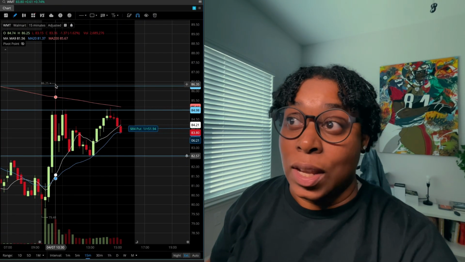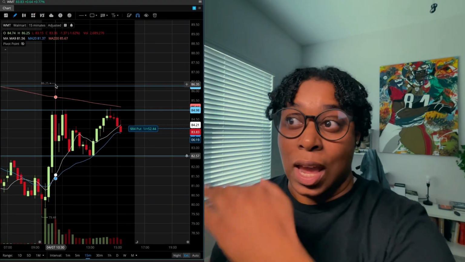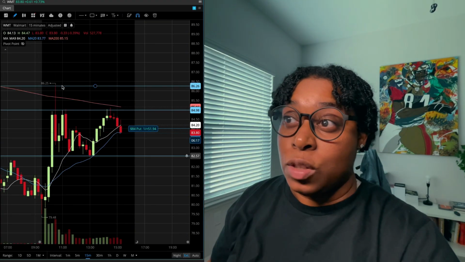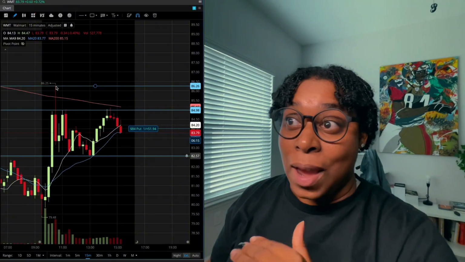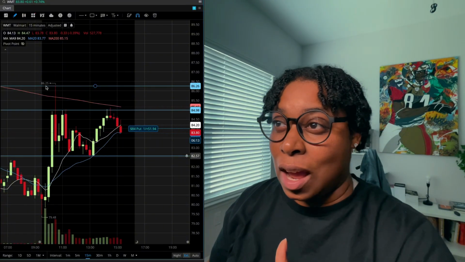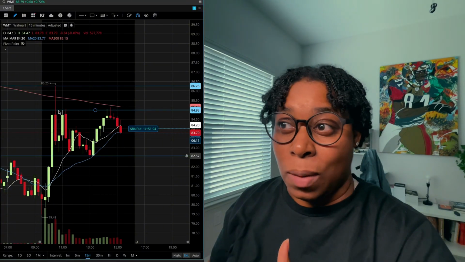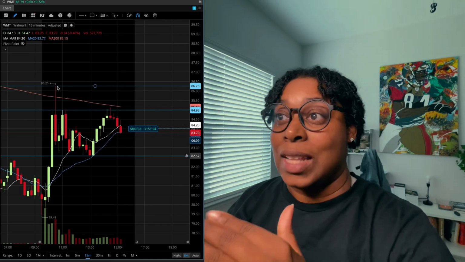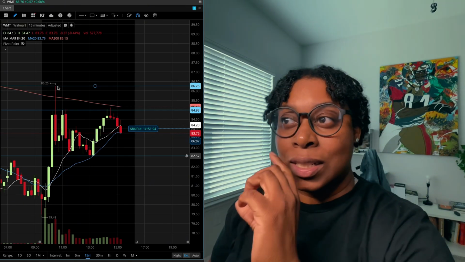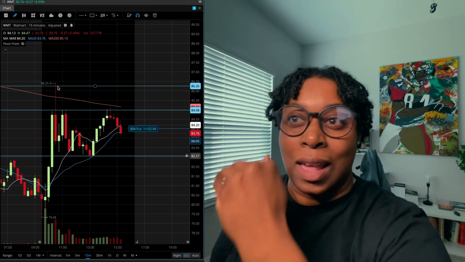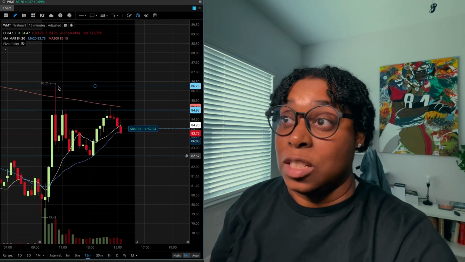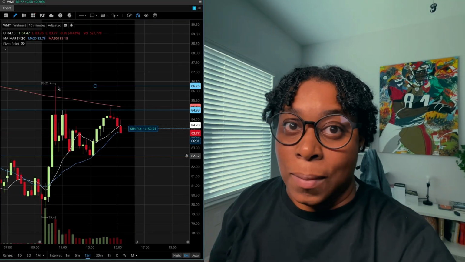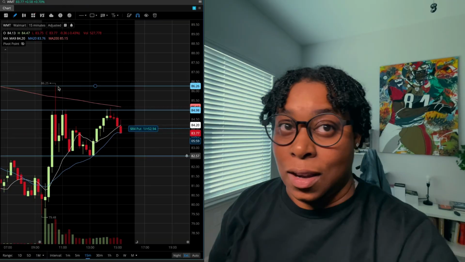Now, this candle here, it did break. This is what I mean by you can have multiple resistance levels. You see how hard the bears came in and pushed this thing down from this 86 all the way back down here to this 84 level. That would give you a slight guide to say, okay, that would be my next level of resistance, because look at how hard they came in and they did not get back up there to that level.